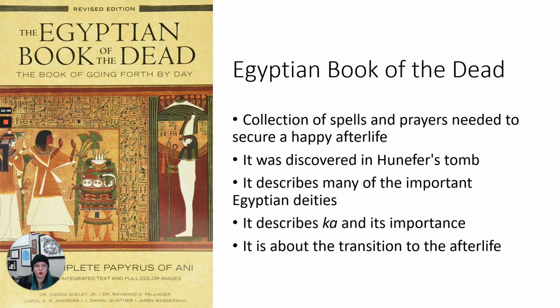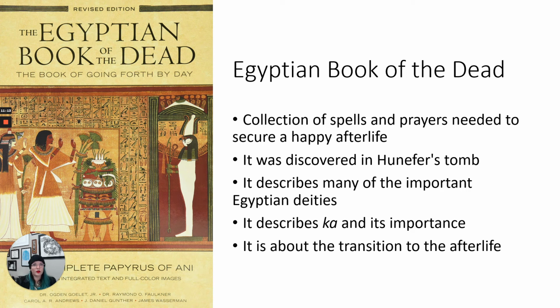Okay, another really important document to understanding Egypt and thus understanding their culture and how it relates to their architecture and art is the Egyptian Book of the Dead. They just call it the Book of the Dead, obviously. So, what is the Book of the Dead? Well, this was written on a papyrus scroll, okay, and it's found in the tomb of a guy named Hunefer.